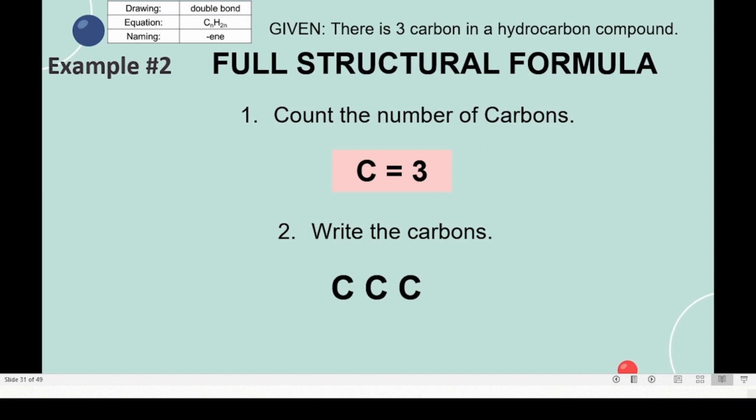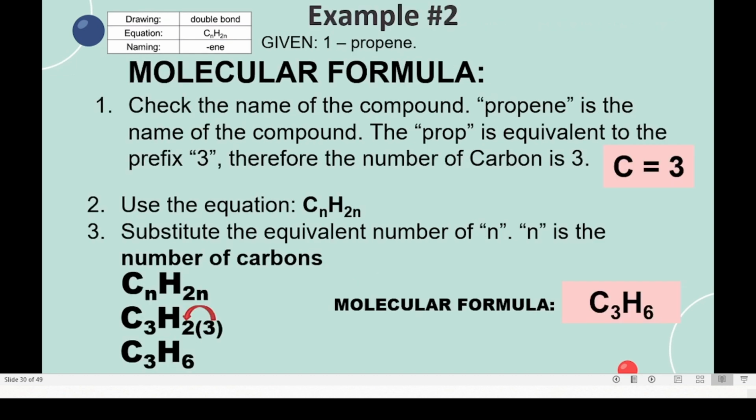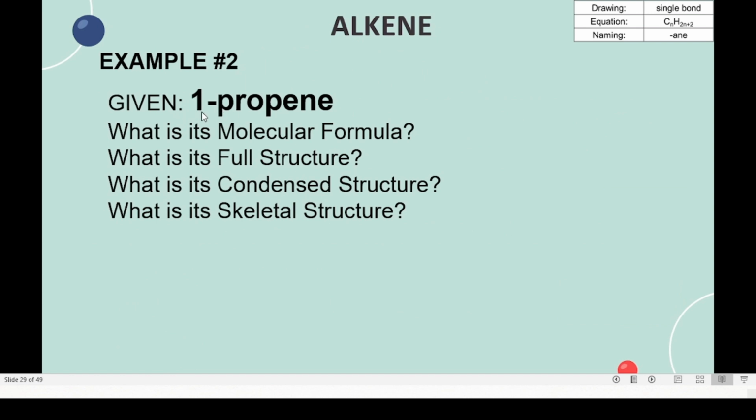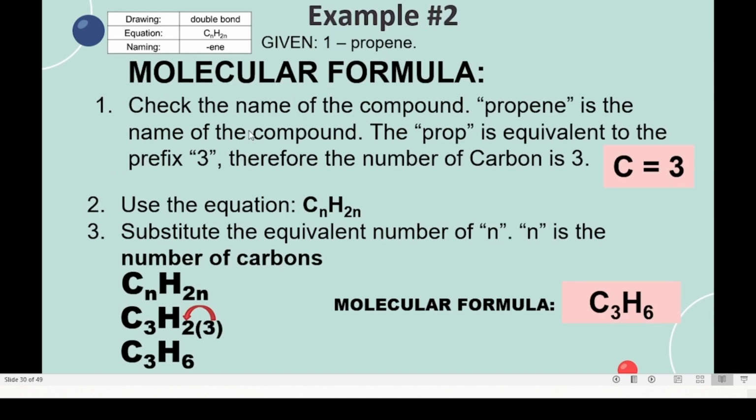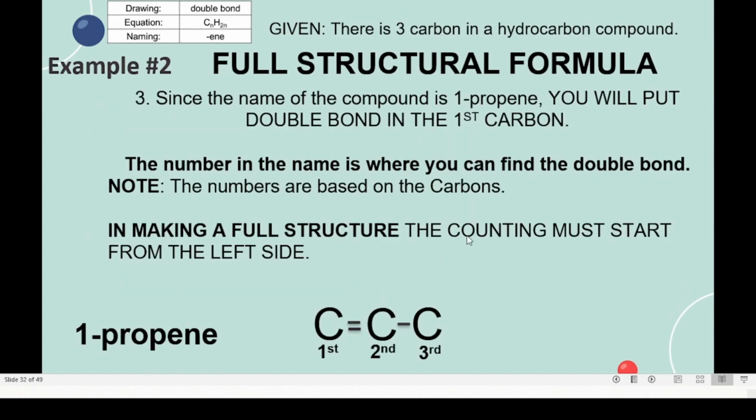The purpose of this number in the given is that you can see where the double bond is. So it is on the first carbon. Okay, first carbon. Now, the number in the name is where you can find the double bond. Note, the numbers are based on the carbons.